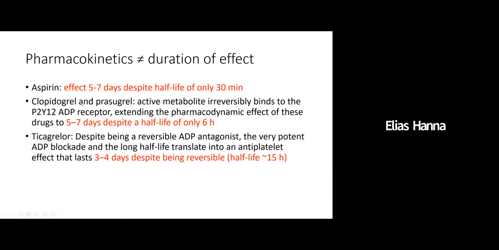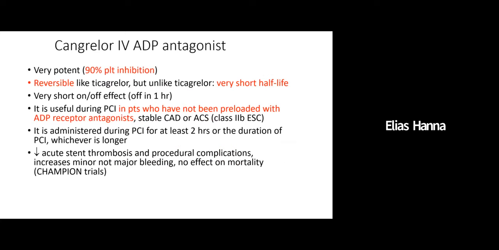But that allows you to understand how to switch between those drugs. So again, 5 to 7 days for aspirin, Plavix, and prasugrel; Ticagrelor, 3 to 4 days. Again, that helps you decide about when to stop before a procedure as well. Now, there is one drug along those lines.